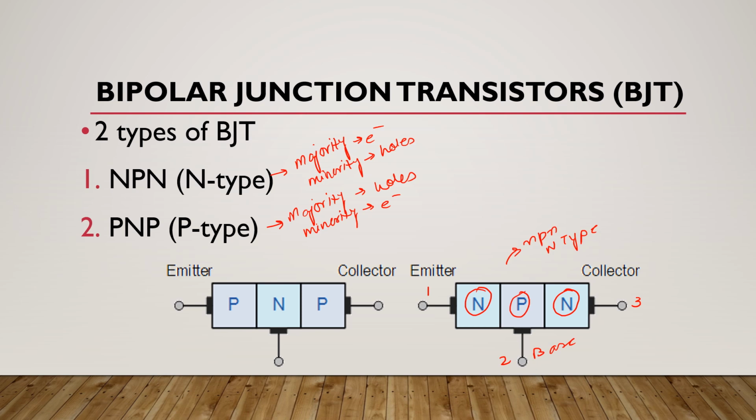Now look at this. This is PNP or P-type BJT, which has two layers of P-type material and one layer of N-type material, which is base. So again, this is first terminal, this is second terminal, and this is third terminal of this P-type BJT.